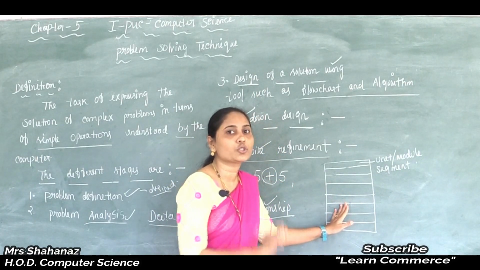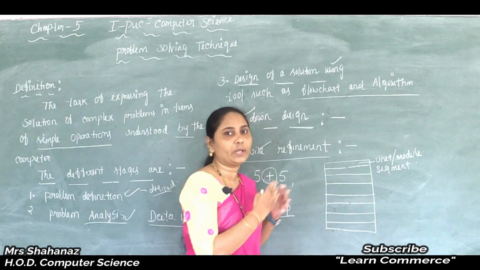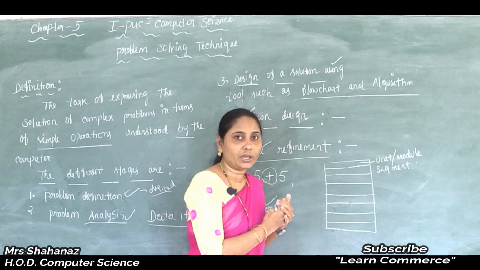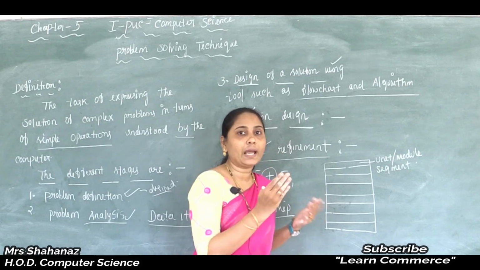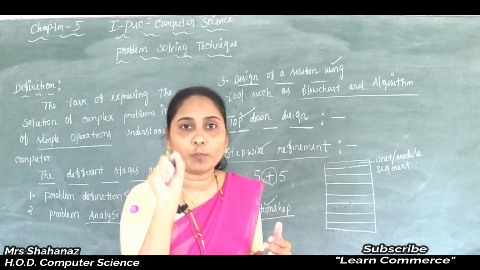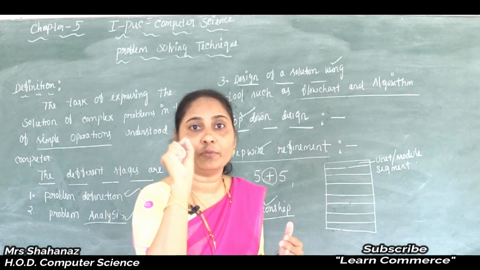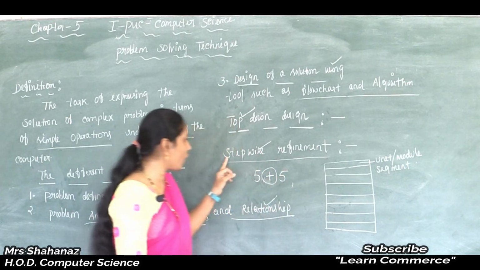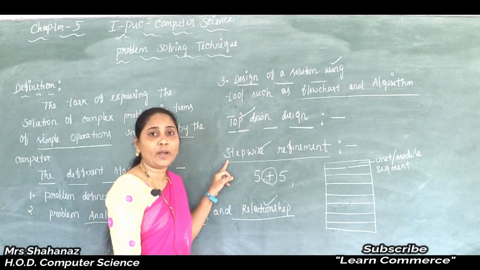Why are we breaking down the problem? Just to get the desired result, the correct output. In this manner we can get the correct output, by breaking down the problem in the correct way. This is called stepwise refinement.